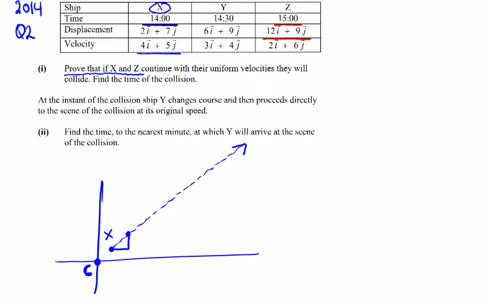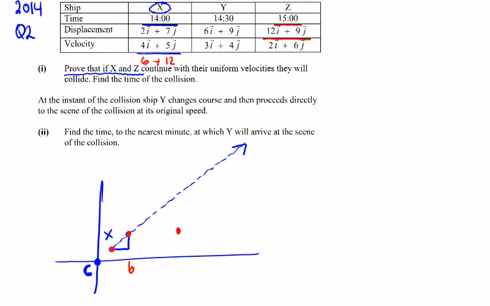So if this is 2 o'clock, after 1 hour this is 3 o'clock, and Z is in a position 12 plus 9, so he's out further. We want to go out 12 and up 9.